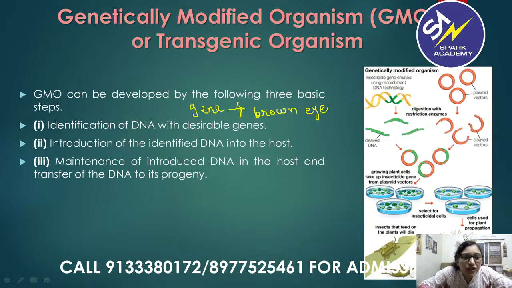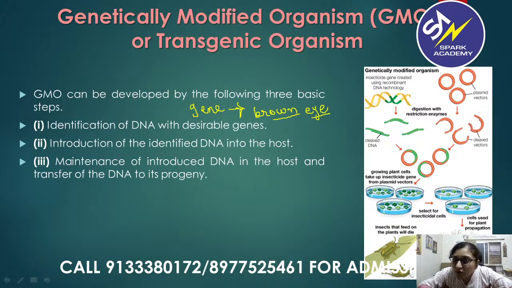Then, introduction of the identified DNA into the host cell. This brown eye gene, responsible for brown color of eye, I am introducing into the host cell. Then, maintenance of the introduced DNA in the host cell and transfer of DNA to the progeny.